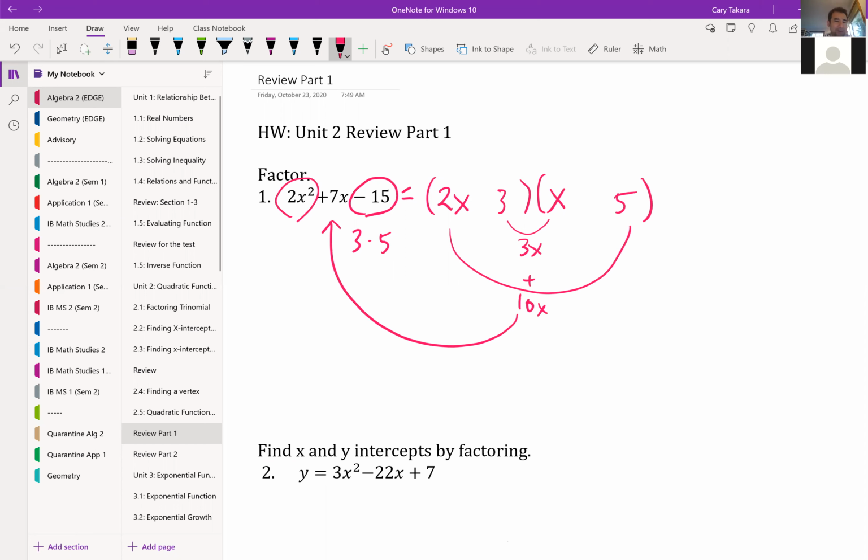And how do you create that? Well, obviously, this 3x needs to be negative, right? Then negative 3x plus positive 10x will be 7x. That means 3 needs to be negative and 5 needs to be positive. Does that make sense?